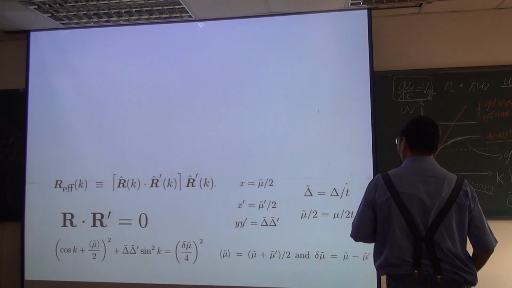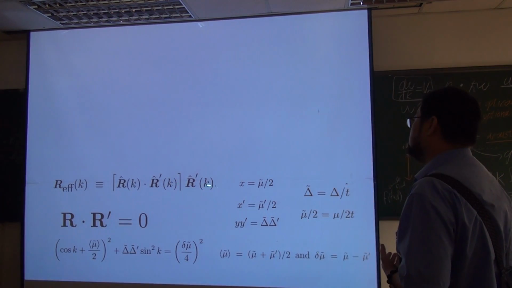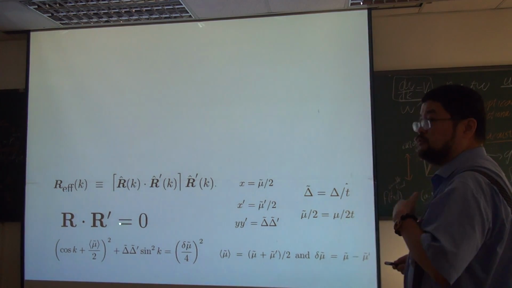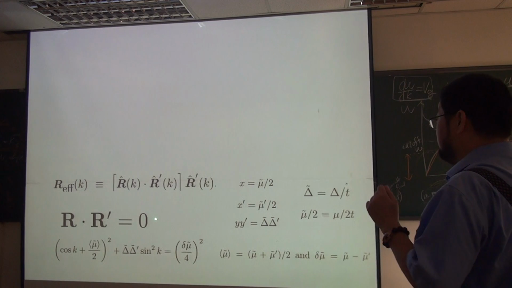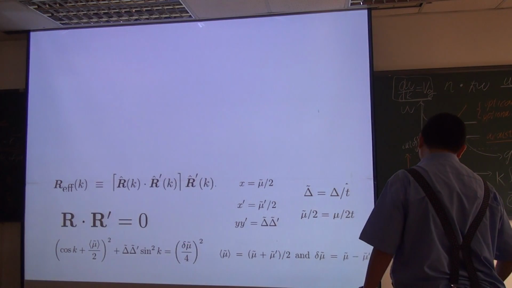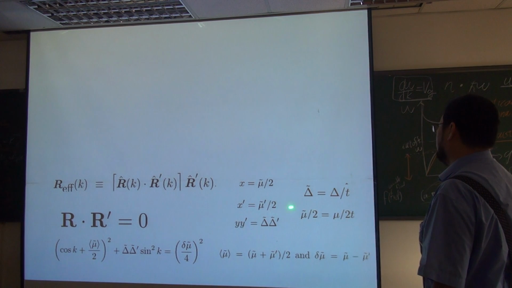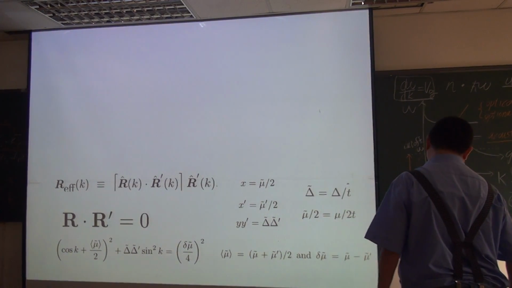So if you want to understand the phenomenon, you have to understand how this Berry phase will be 0 inside the same phase. Because if you go over the phase boundary, it always creates 0. But inside the boundary, you can have a different situation. And we study x as mu, the original mu divided by 2, x prime as mu prime divided by 2. y is defined as the pairing parameter here for the p wave.